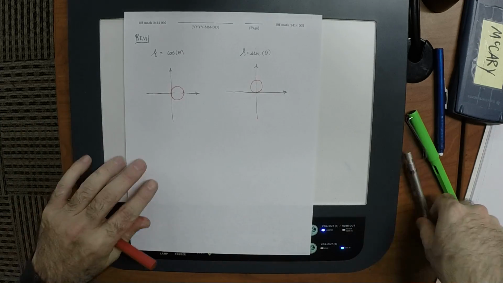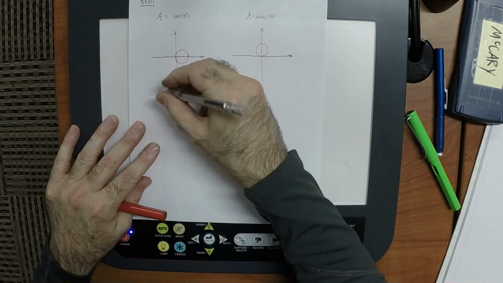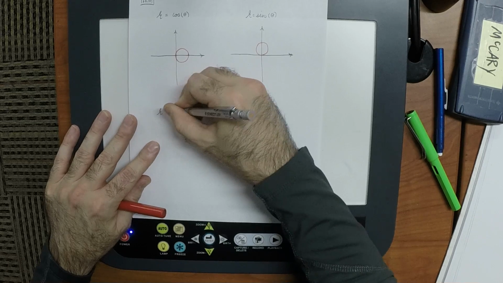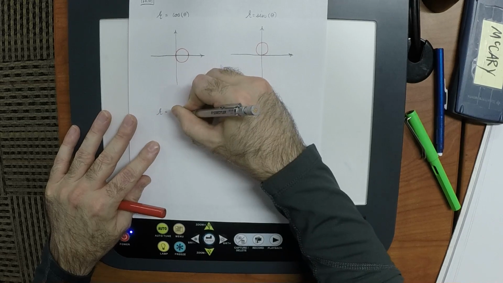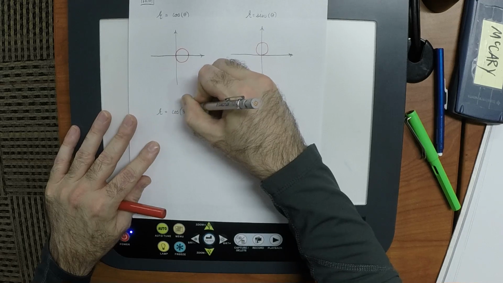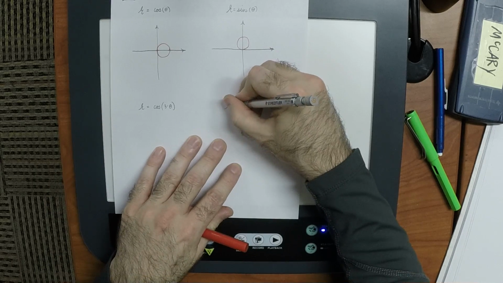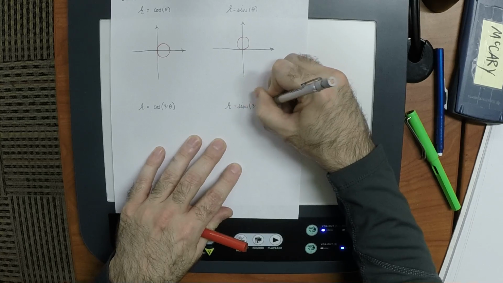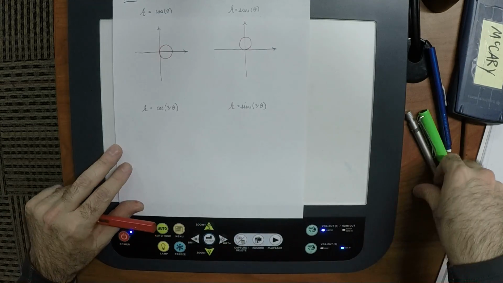Finally, this will be the last one that we sketch for today, because I know we all have to go somewhere. What if we have r equals the cosine of 3 theta, and say r equals the sine of 3 theta?